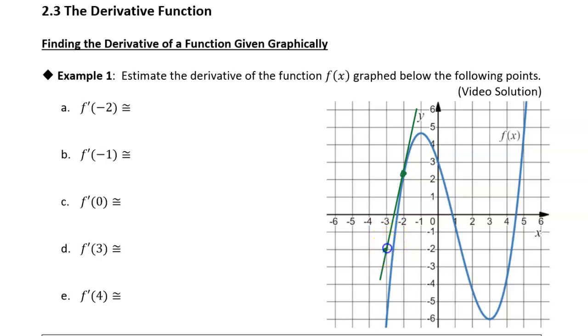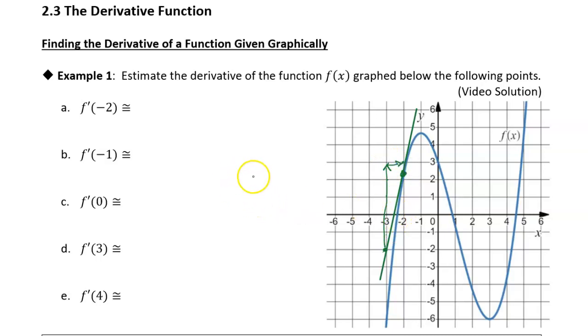I can see that, at least the way I drew it, it crosses here, and I go up 1, 2, 3, 4, and maybe about 5. I don't know. It's maybe less than 5, but I'm just going to say we have a rise of 5 and a run of 1.